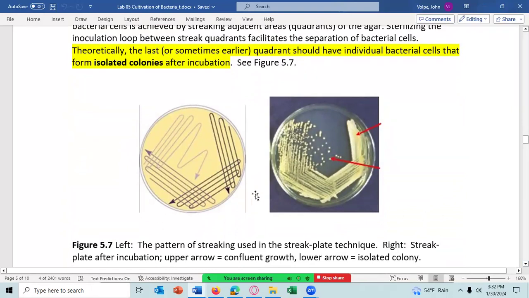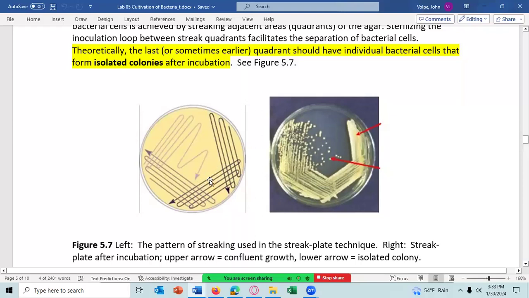Then you sterilize your loop, cool it, and then streak through sector 1 to pick up cells on your loop and streak it out into sector 2 so that there will be higher cells in this region than in that region.